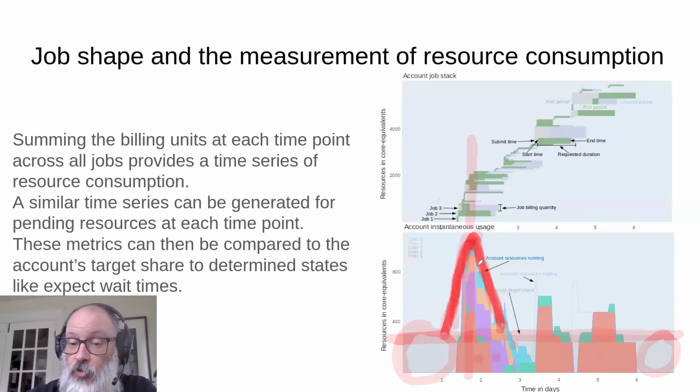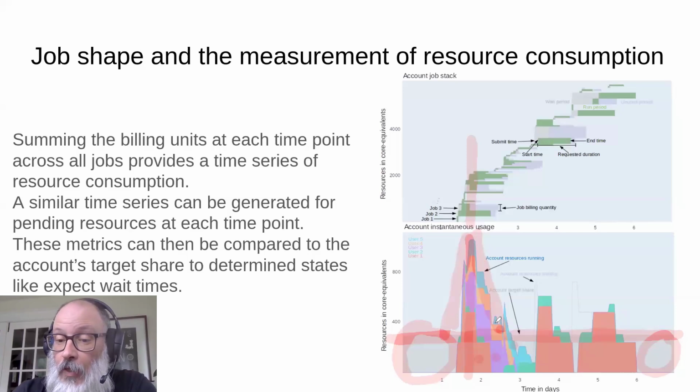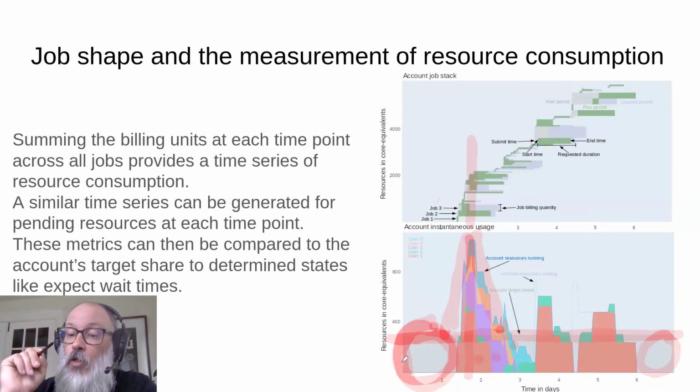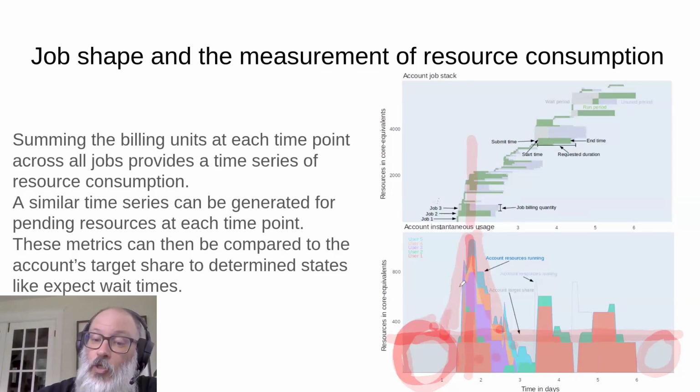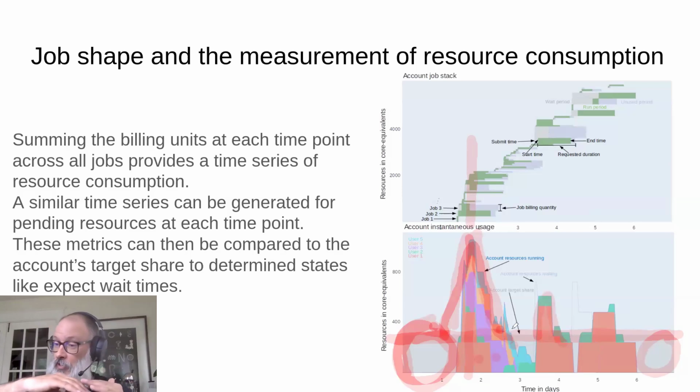This is called a burst. And at other times, they can run substantially less, but that's totally fine. It's expected. The important property is that regardless of how many resources are being submitted to the queue, the scheduler is going to try and maintain that over time, the average usage is basically the target share.